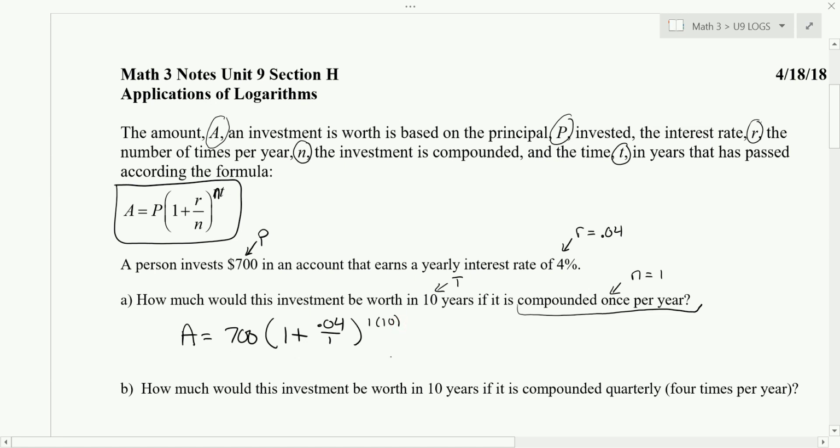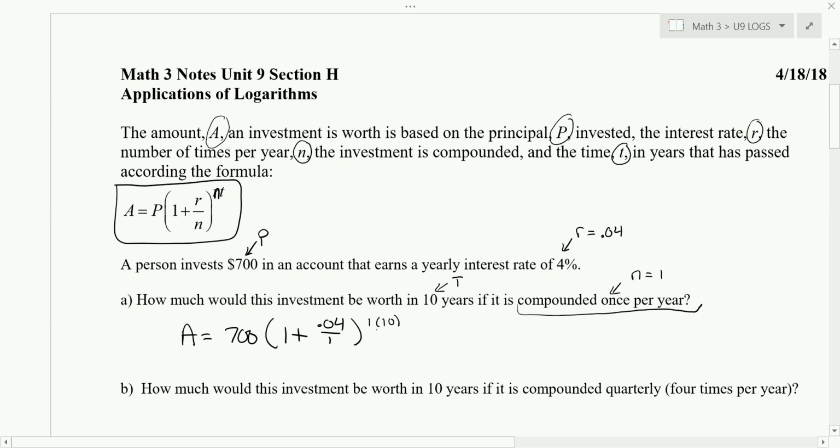You can simplify this before you plug it into a calculator, or you can plug it in as is. You each have different calculators, so if you can't really see what you're typing in, you probably want to follow the order of operations, which means parentheses first. Figure out what 1 plus 0.04 is, which hopefully you can do without a calculator. Then exponents, so you raise that 1.04 to the power of 10. And lastly, multiplication, you multiply by the 700. Depending on your calculator, you could type all of that in, and your calculator knows the order of operations and can do that for you.